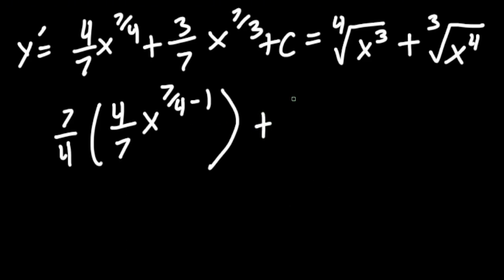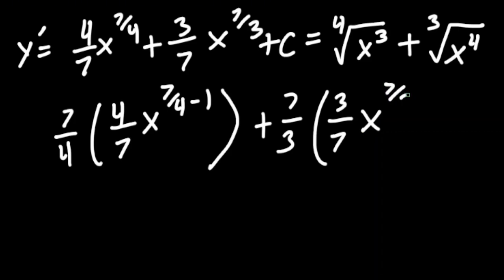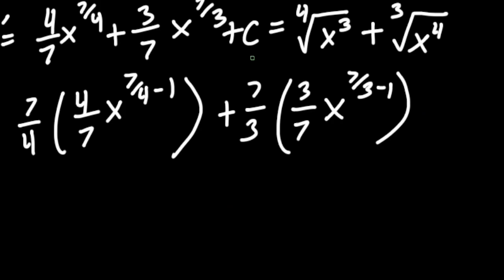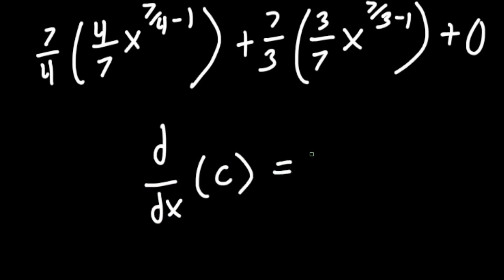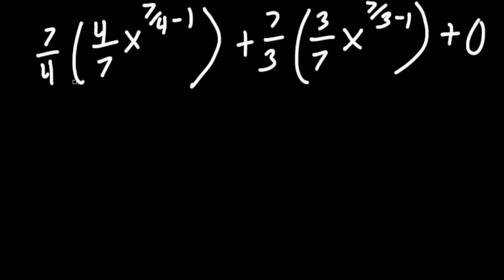So plus 7/3 times 3/7 x raised to 7/3 minus 1. And the derivative of any constant is always 0, which is d over dx of c, any constant, is always equal to 0. So we simply need to multiply.